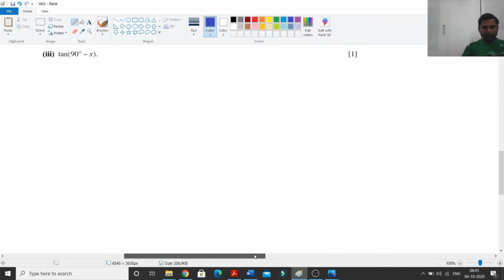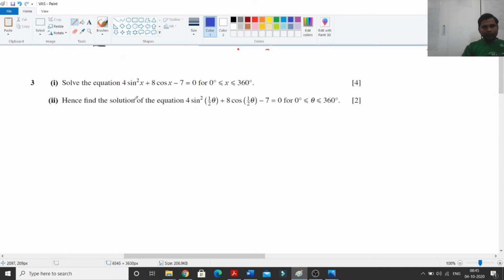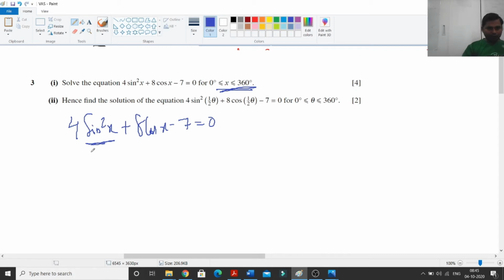Let's move to the next question. Question number 3. 4 sine square x plus 8 cos x minus 7 between 0 to 360. So 4 sine square x plus 8 cos x minus 7 equals 0. We know that sine square theta plus cos square theta is 1. So let's convert this sine square x in terms of cos, so in terms of cos square x, and then we can form a quadratic.